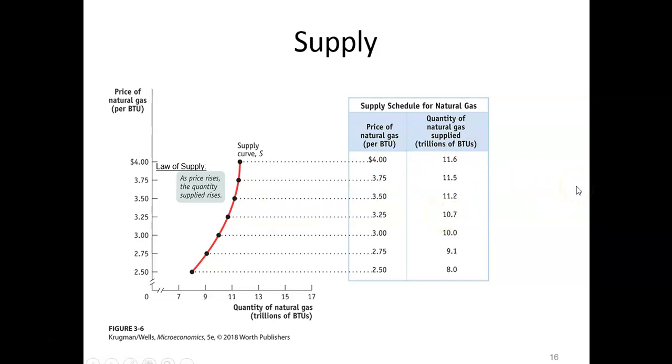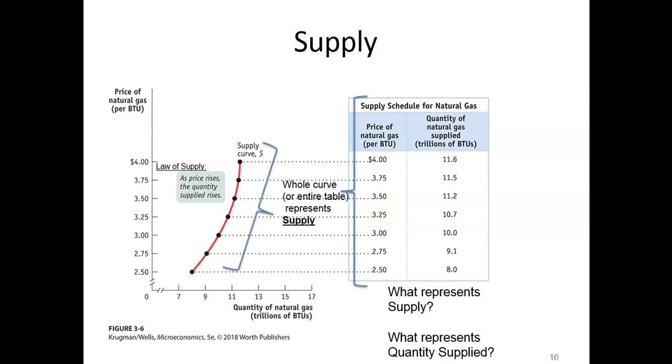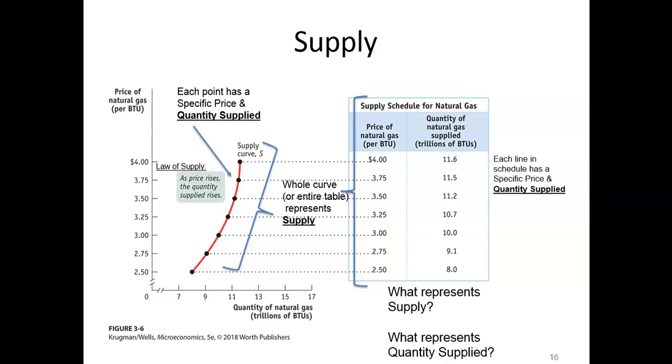So again, reminding ourselves of the distinction: we looked at the distinction between demand and quantity demanded. Same concept with supply and quantity supplied. Supply is represented by the whole supply schedule, the whole supply curve. Quantity supplied: each specific price has a specific quantity supplied that you can see on the graph.